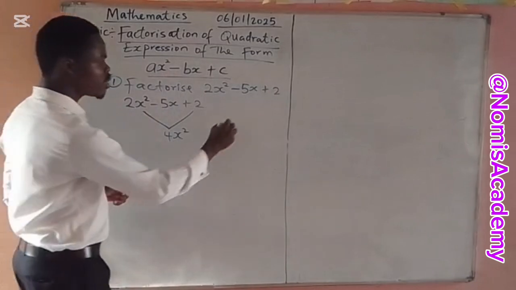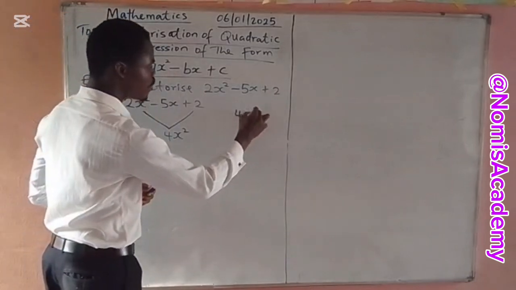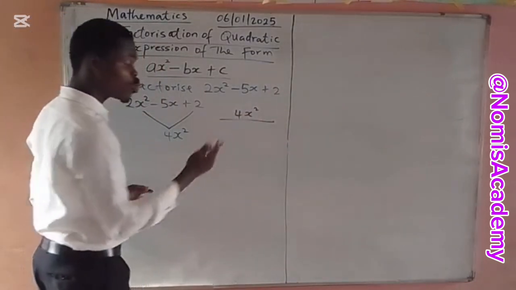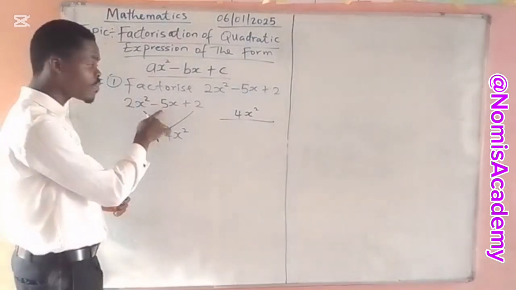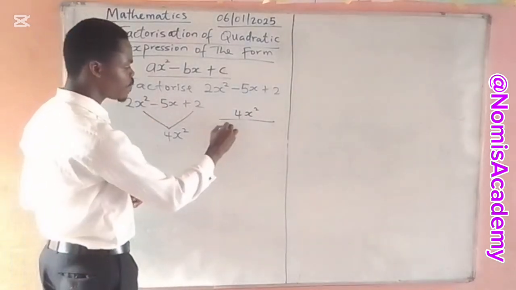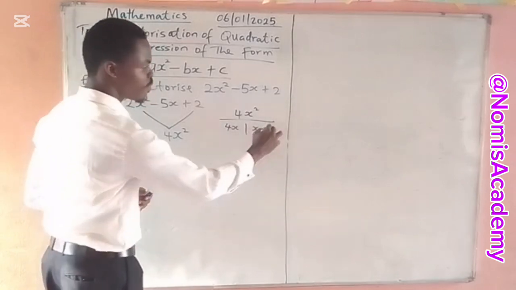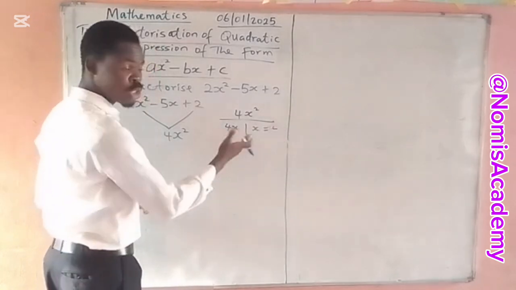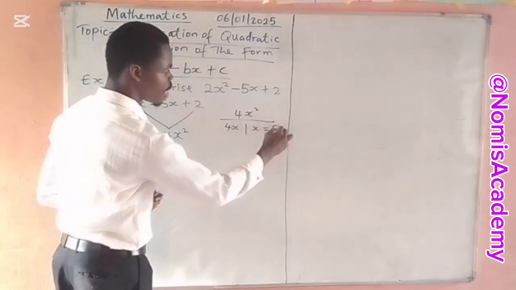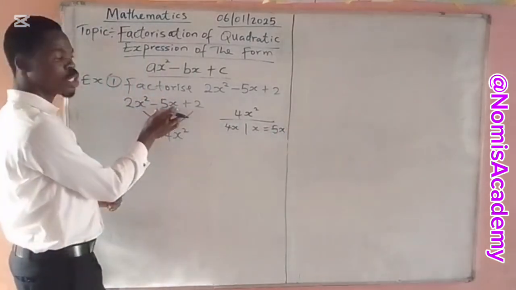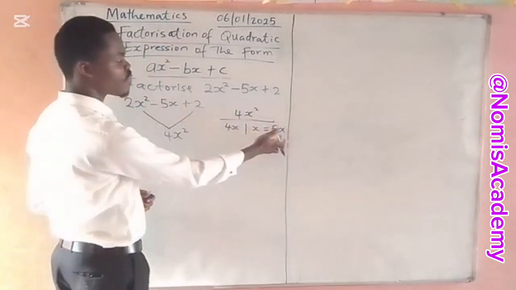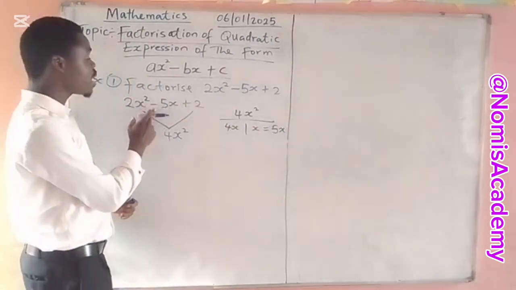Alright, let's look for the factors of 4x squared that will sum up to minus 5x. The first factor is 4x and x. That will give us what? 4x squared. When you sum it up, you get 5x. Different from what we are looking for. This is 5x, but what we have here is minus 5x.